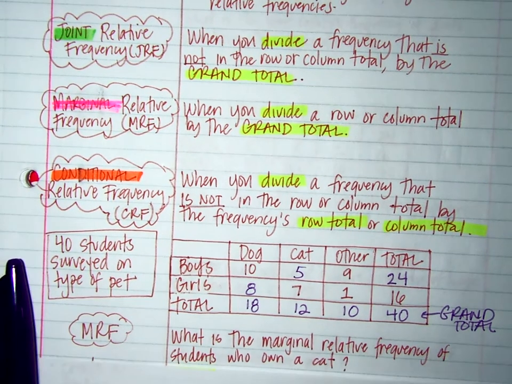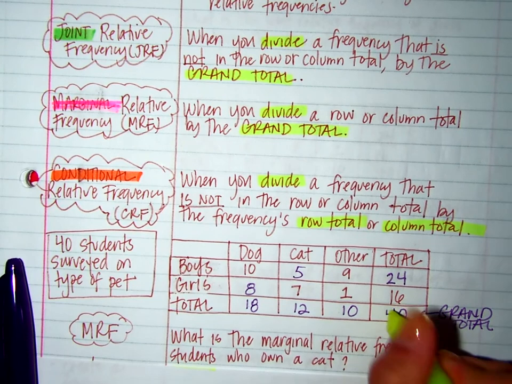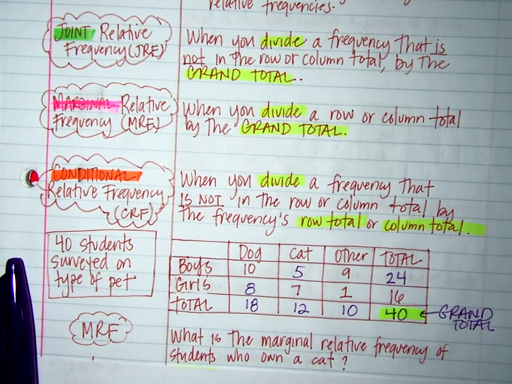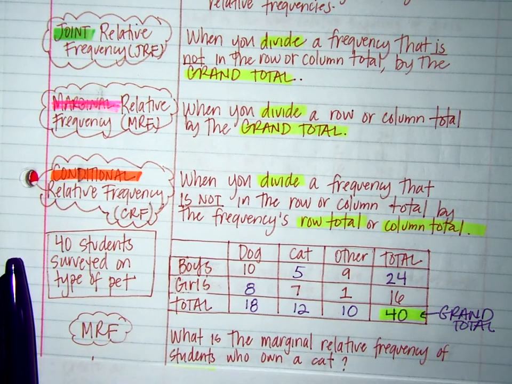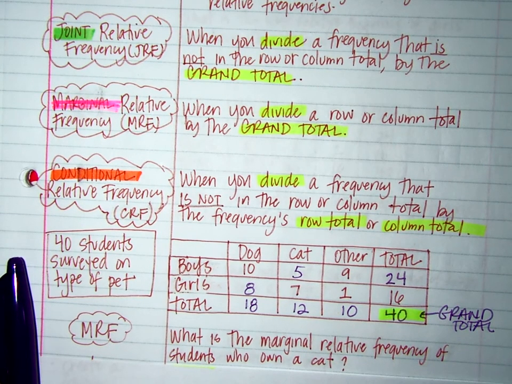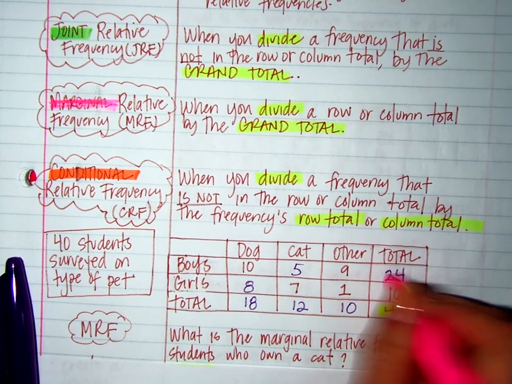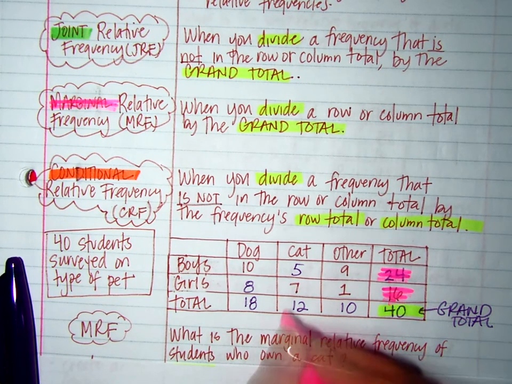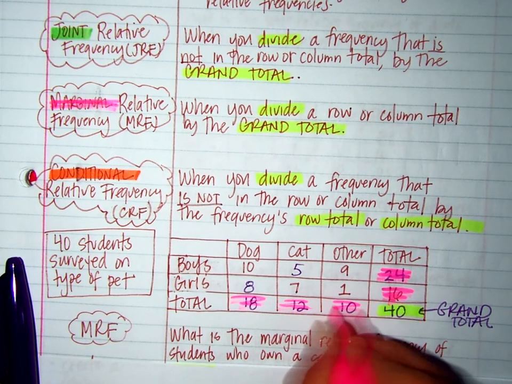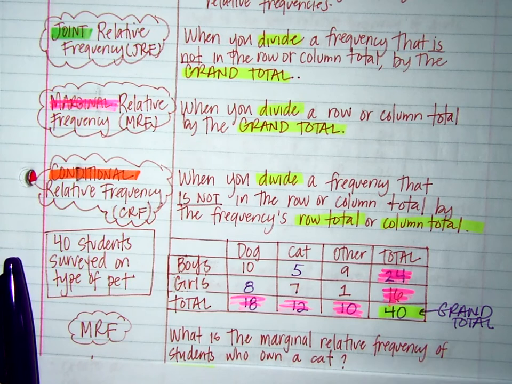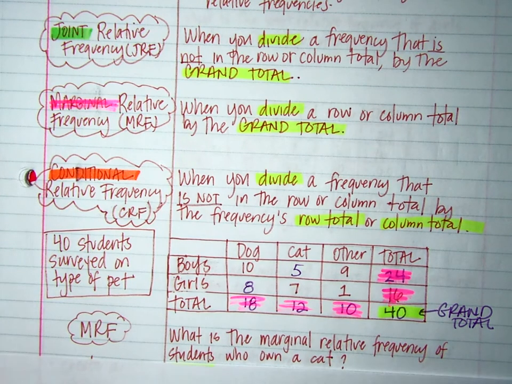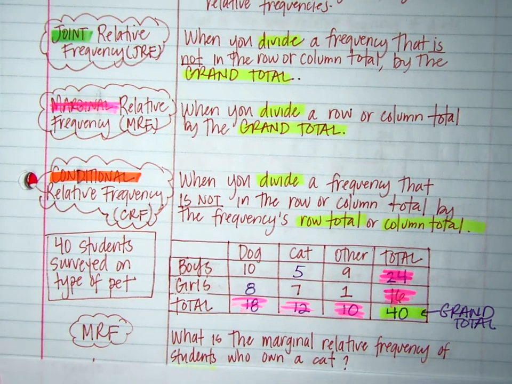So I'm going to take my yellow highlighter, and I'm going to highlight my grand total, which is the 40. And then my margins are actually going to be the numbers that are on the outside. So this stuff right here is going to be the margin. This is why we call it marginal. Now from here, we're going to take students who own a cat.